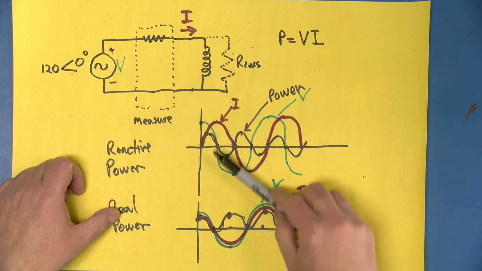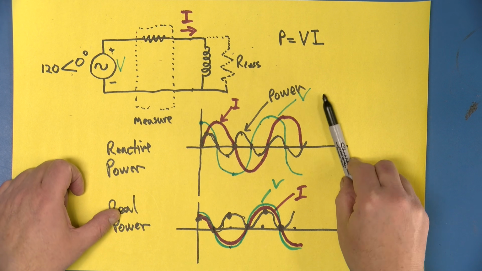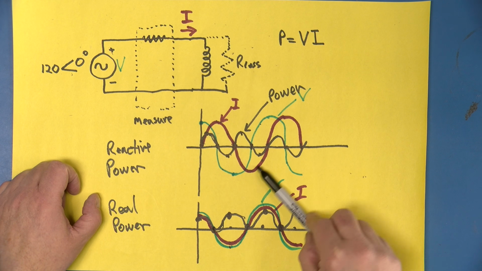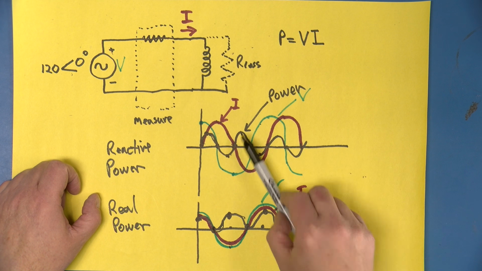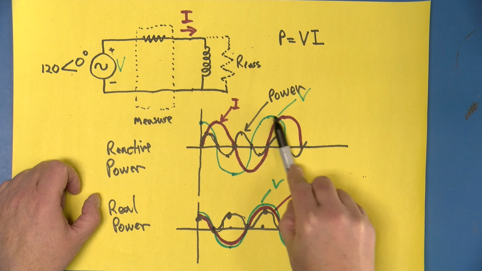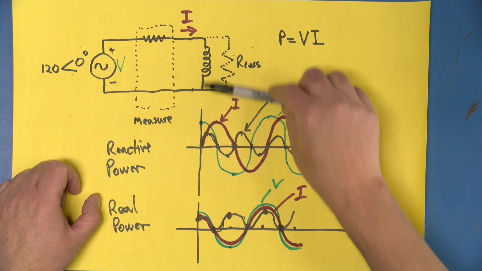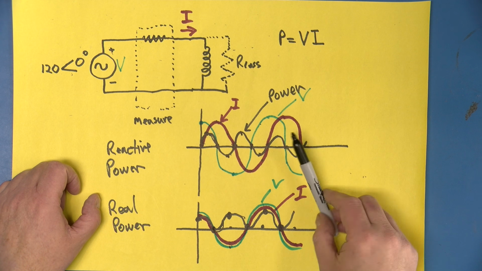On the video about reactive power, I drew these graphs. This is a graph representing reactive power where the current in this purplish reddish color is out of phase by 90 degrees from the voltage, and that's what we would typically get for something like an inductor, or out of phase in the other direction for a capacitor.